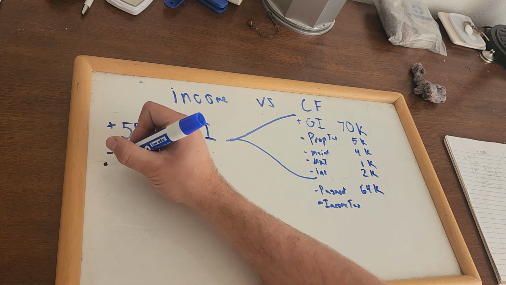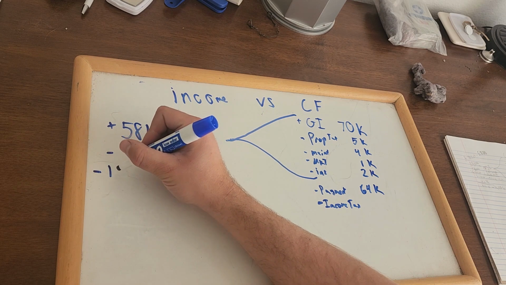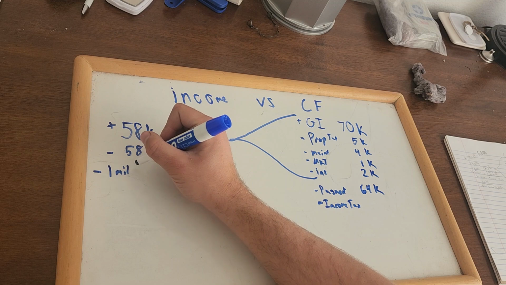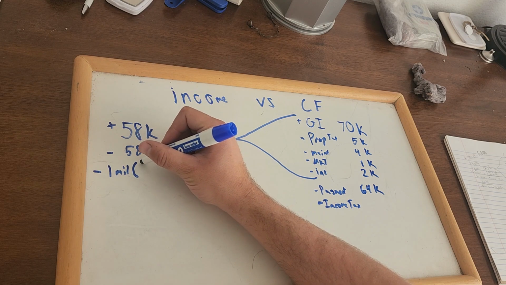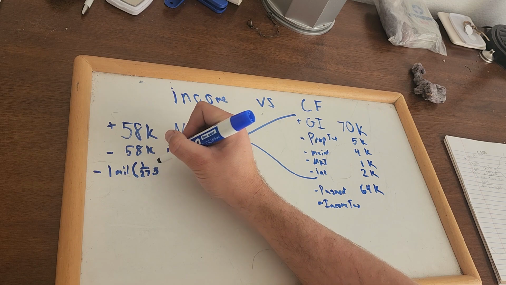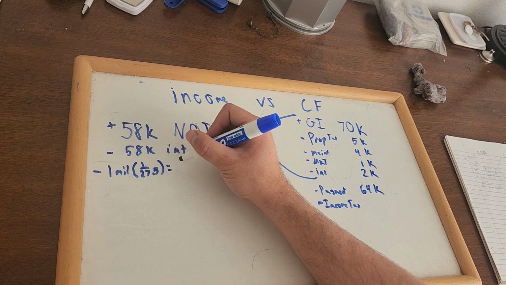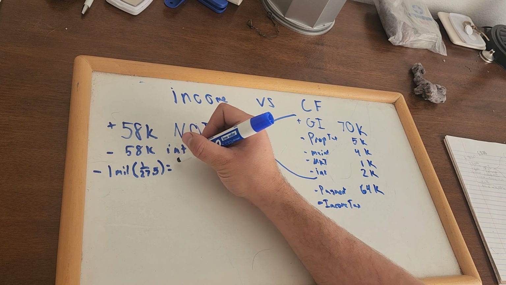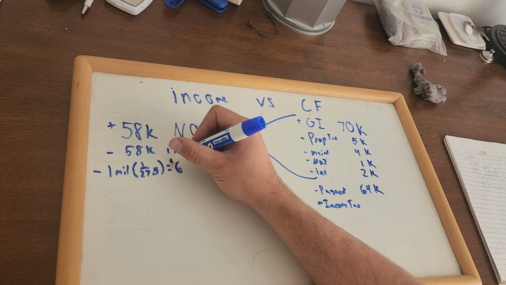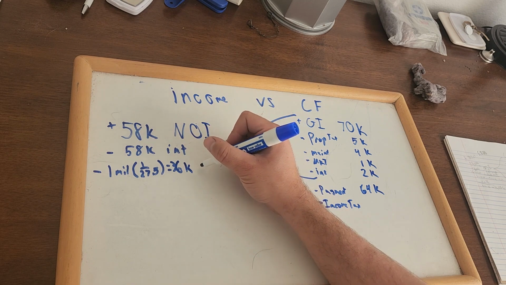So we multiply minus 1 million times the fraction of 1 over 27.5, which gives us 36,363.63. We're just going to round that to 36K in depreciation.